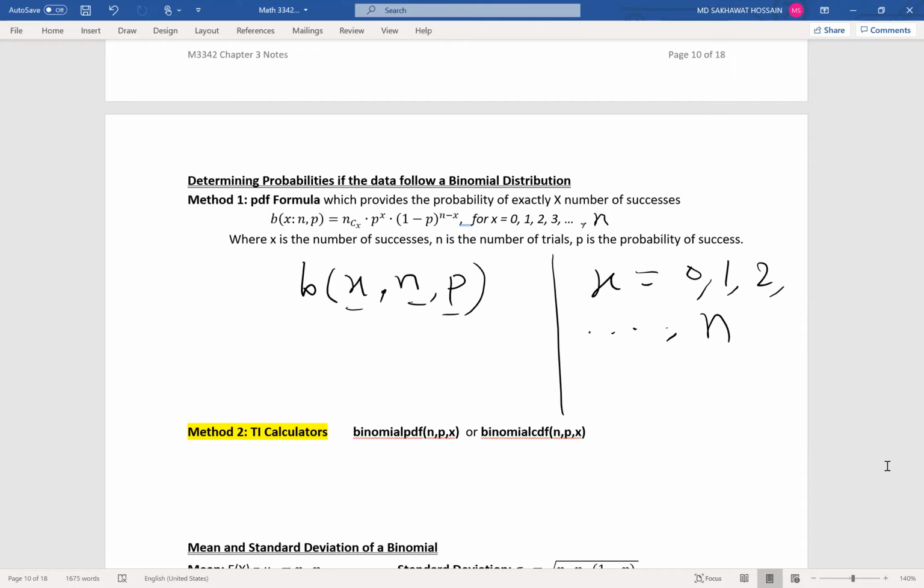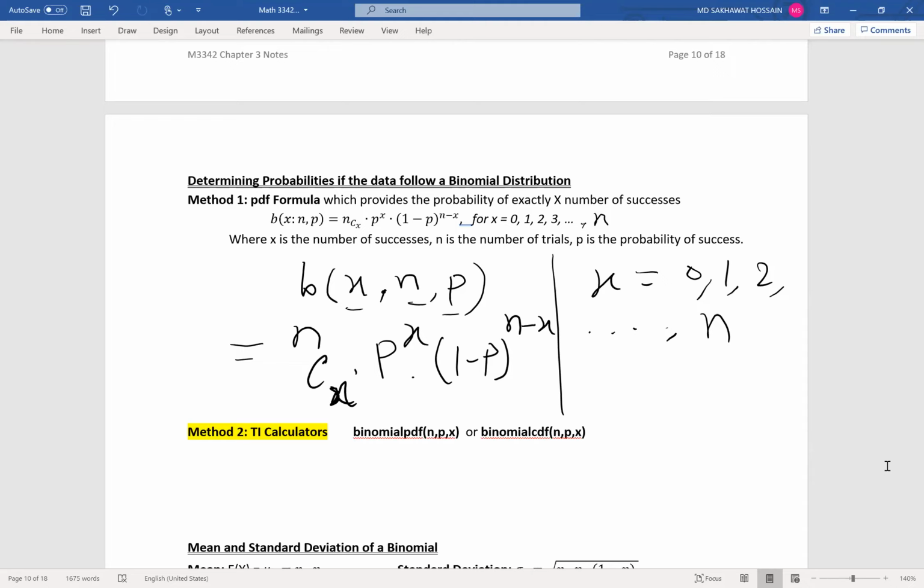Okay, so the formula for the binomial probability is N C X, that means N combination X, times P to the power X, times 1 minus P to the power N minus X, where P is the probability of success.